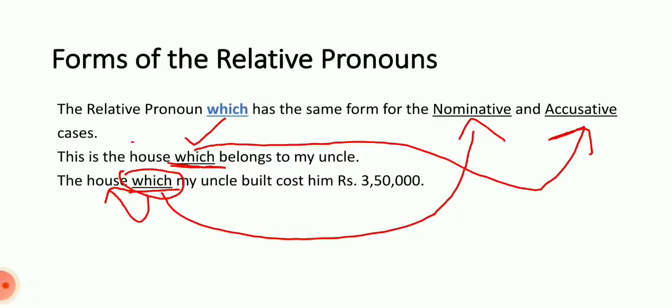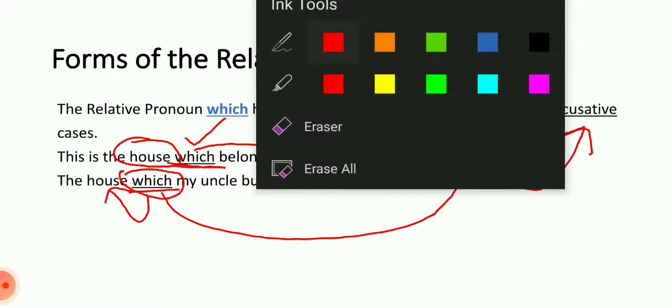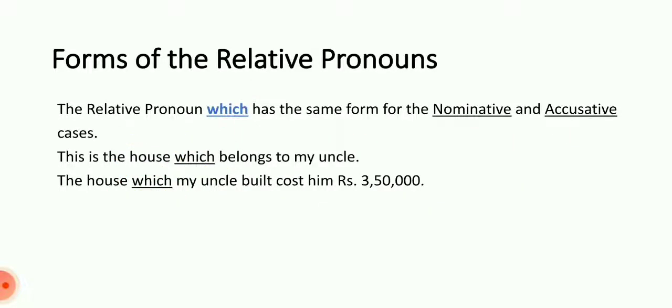Because it relates to the noun the house. If we break down, if we make two sentences of the same, let me raise this. Now here, this is the house, so the sentence will become like this.